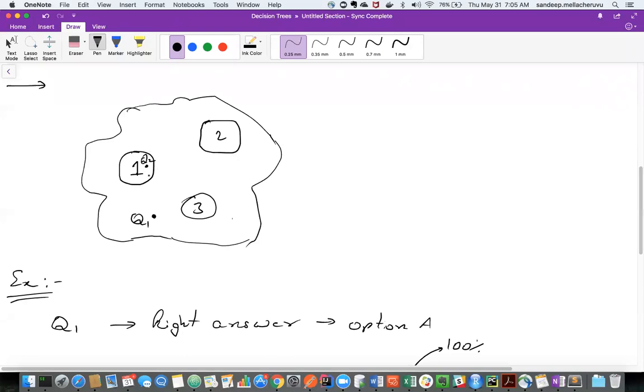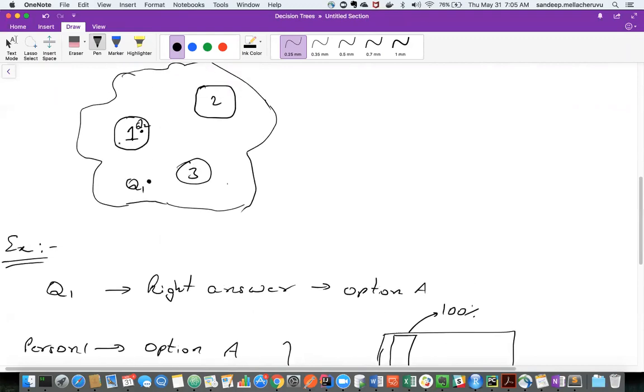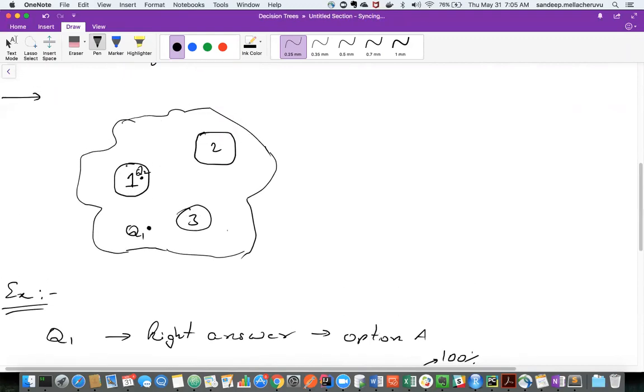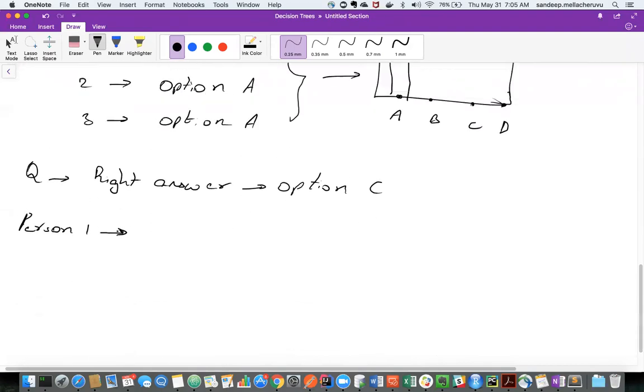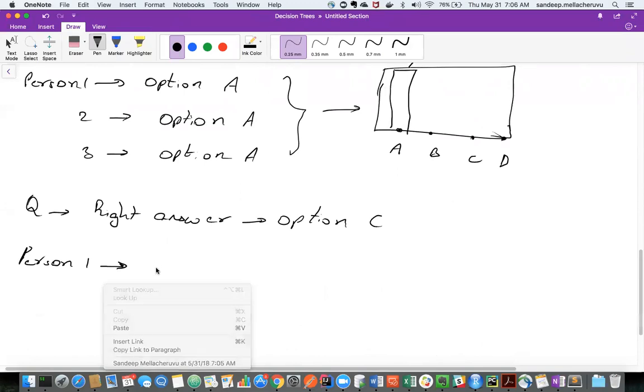He'll answer anything other than C because he doesn't know. Of course, by random chance he may answer C, but with the same random chance, he's going to answer wrong as well.